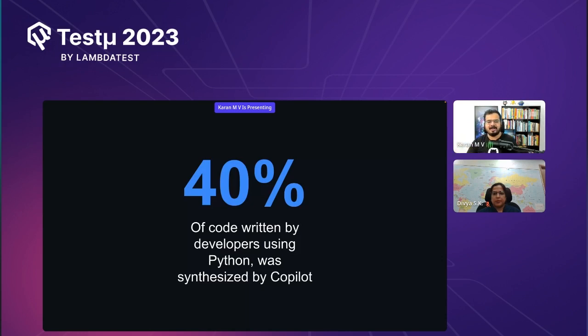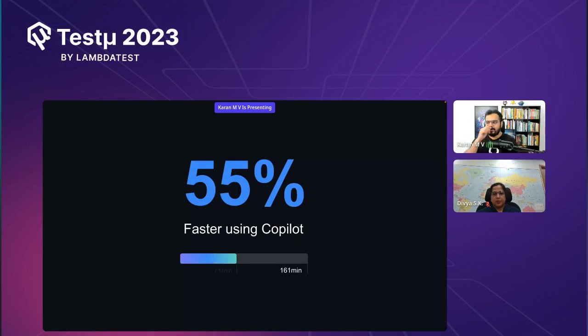And in another similar interesting study that we had, where we asked two groups of developers and gave them a very similar task, we saw that those who used GitHub Copilot were able to not just complete it, but also complete it 55% faster than the group who didn't.